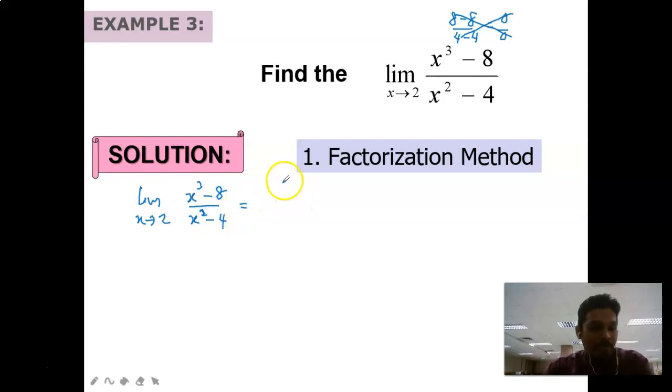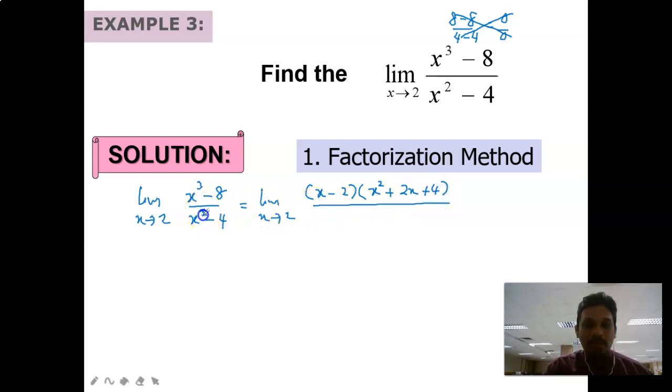Okay, so for this question, we are going to come up with the limit as x approaches 2, factorize this, and we can get one of the factors, which is x minus 2, and x squared plus 2x plus 4, divided by, factorize this, x squared minus 4, it gives you x minus 2 and x plus 2.